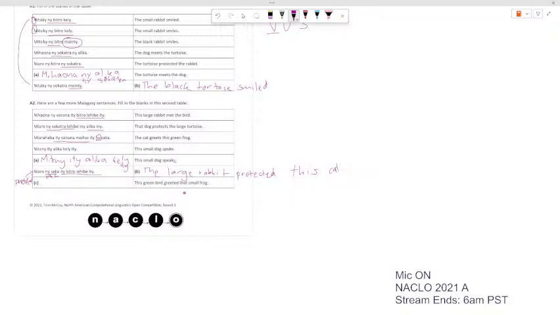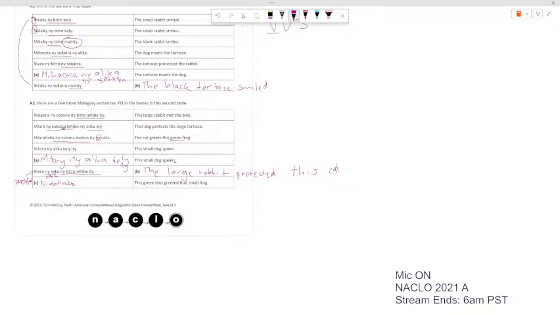And then this green bird greeted that small frog. Met, right? So we have to add an N to the front. Niarahaba. For the green bird, green is maitso, I think. Maitso.